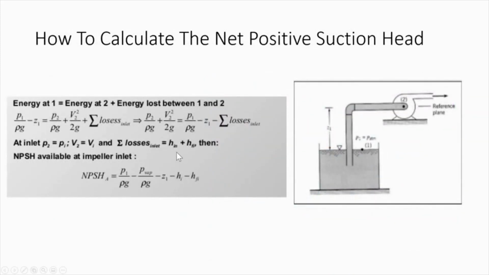So how can you calculate the net positive suction head? This is where we're going to use Bernoulli's equation. Bernoulli's equation derives from the assumption that energy doesn't get destroyed or created. It just converts from one form to another form.